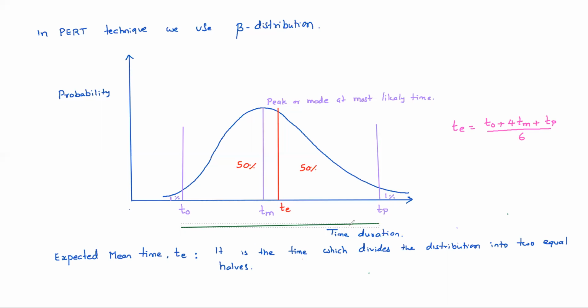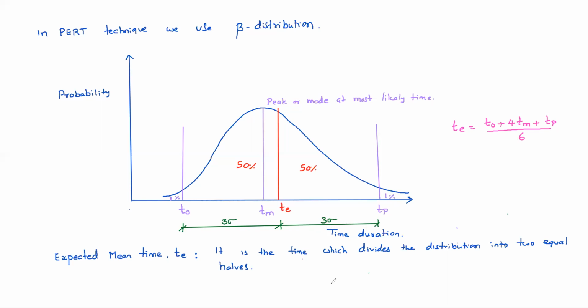Suppose if you see this, from TE to T naught, 3 times of standard deviation. From TE to this one also 3 times of standard deviation. You can remember like this.